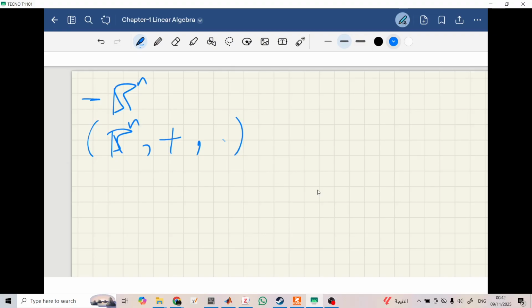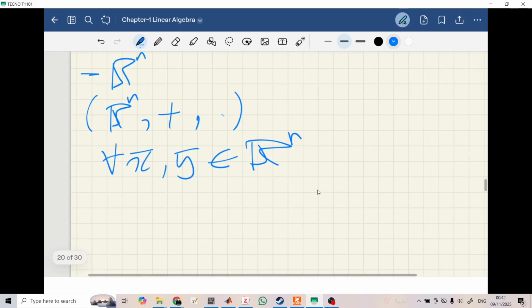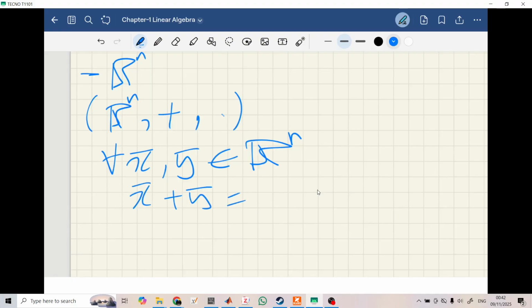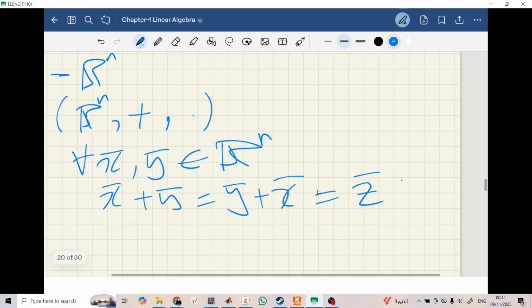So meaning that for all x and y that belong to Rn, the addition gives you another vector, say z, and this intuitively belongs to Rn, right?